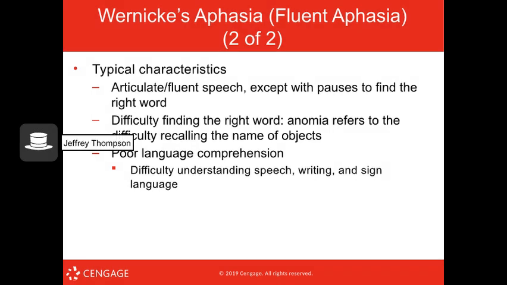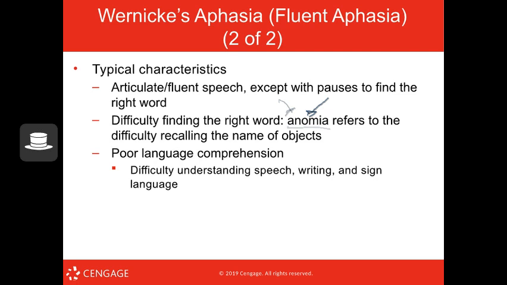So, as mentioned, you're going to have articulate or fluent speech, except for pauses to find the right word. You're going to have difficulties finding that right word, which is referred to as anomia. A is a prefix, which means without. Nom is not just the sound that you make when you're having food, it refers to a name.